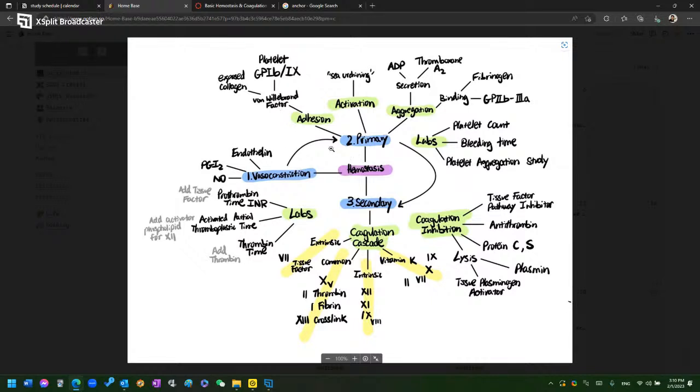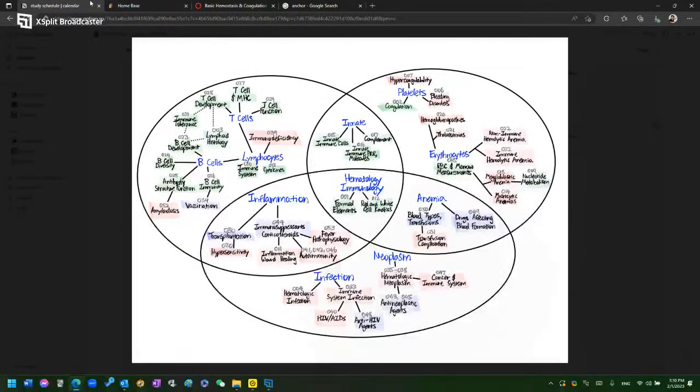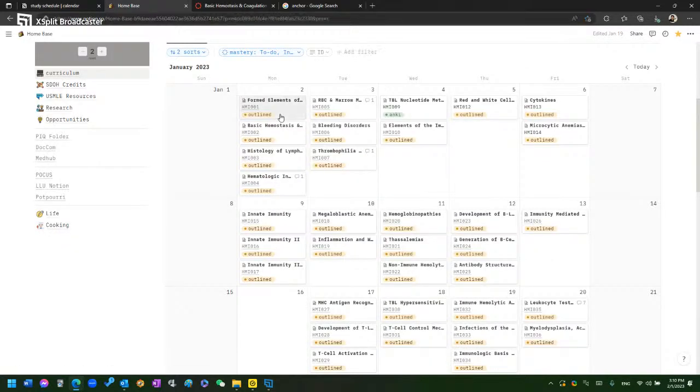So then after that, the platelets have already attached. Then we have activation, where they're going to puff up, and he called it sea urchining. But what actually is happening is they're releasing a lot of the factors that we were talking about in our platelets talk a little bit earlier during the formed elements.